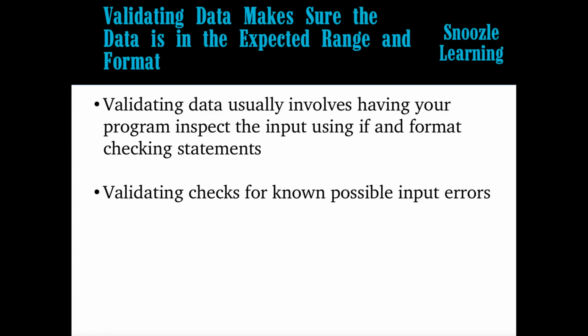If you want to validate data, you want to make sure that it's in the right format or right range that you expect it to be. So, usually you use a lot of if-then statements or some sort of format. There are some formatting programs within Java to make sure that you have the format that you expect.